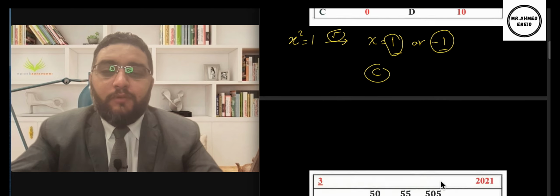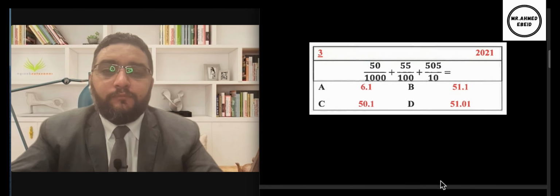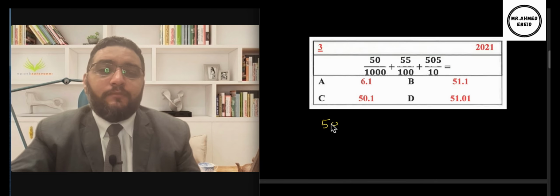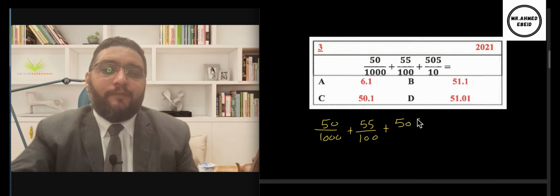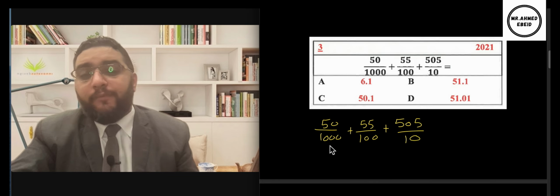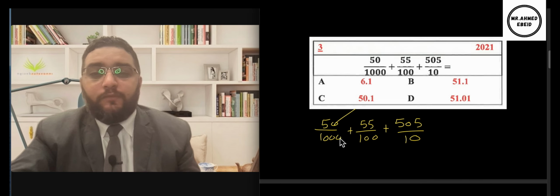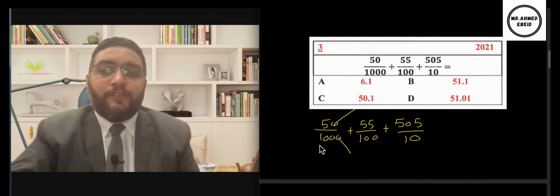Next question, question 3. In this question, we have 50 over 1000 plus 55 over 100 plus 505 over 10. How can we add all of these fractions? We can remove 1 0 and 1 0 from the first fraction, and we have 5 over 100, and in the third one we can add 1 0.